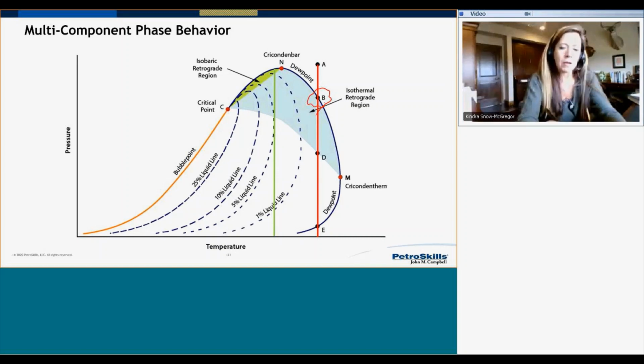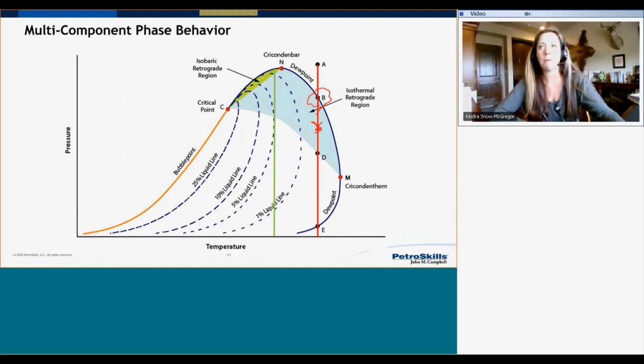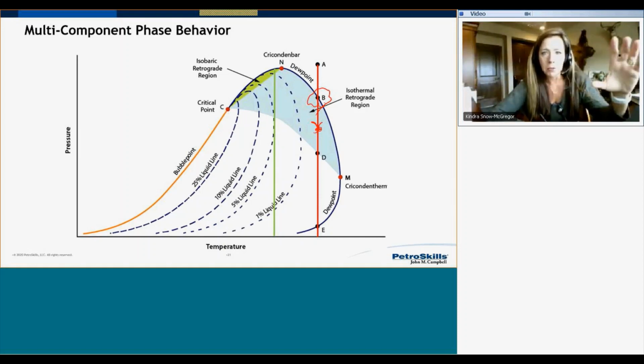If I'm going to go into my fuel gas system, and let's say I'm going to take a pressure cut to get into my gas turbine, and I'm at point B and I drop into my lower pressure system for my turbine, guess what? I dropped into the two-phase region and I'm in the retrograde region. And so in the retrograde, I get increased liquid production at a pressure drop. And so now I have a big problem if I send that into my turbine, it'll destroy the turbine.